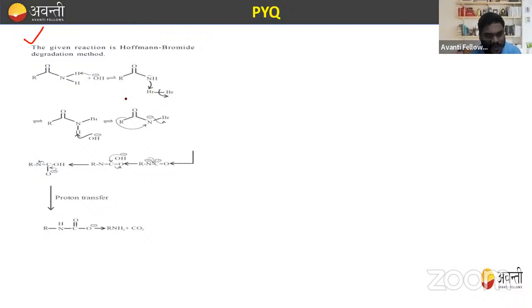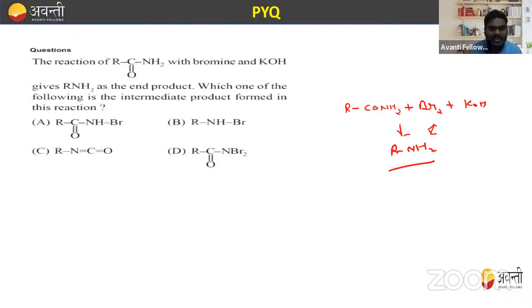The Br is removed, and the lone pair is given to this one, and by proton transfer the next species forms.